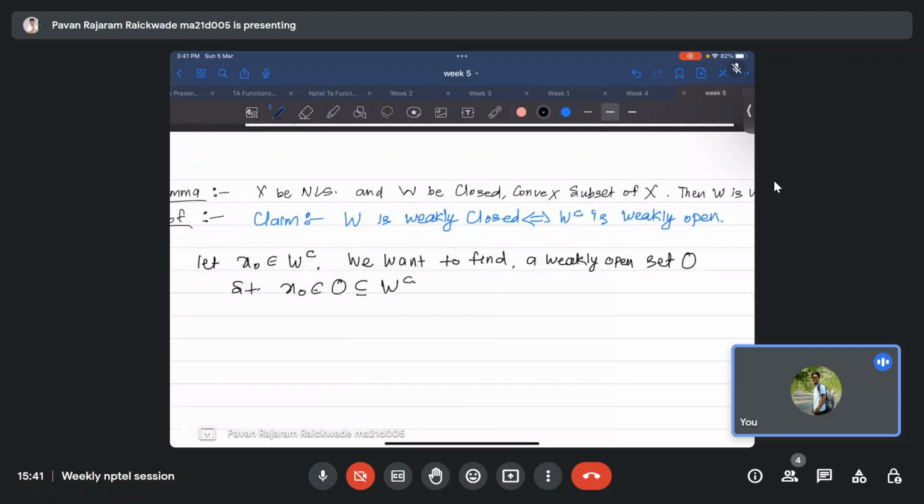If I can find this, then this will imply that W complement is open, correct? So we want to find a weakly open set O containing x naught.